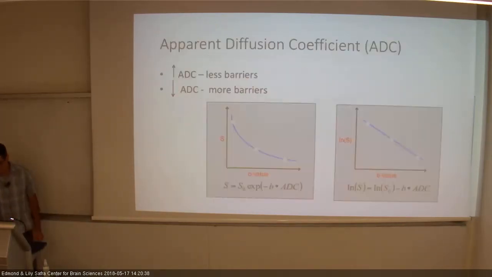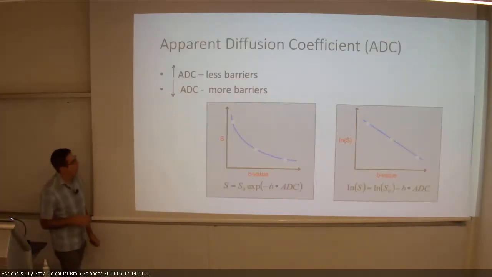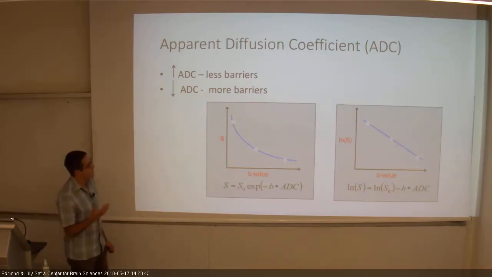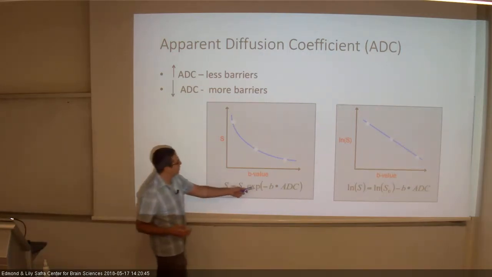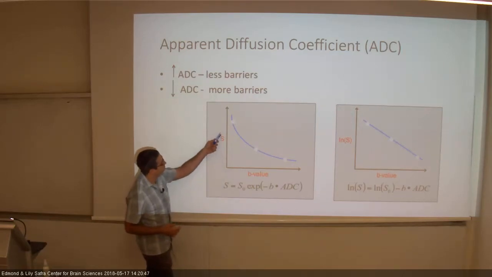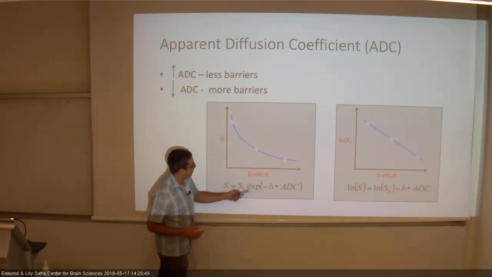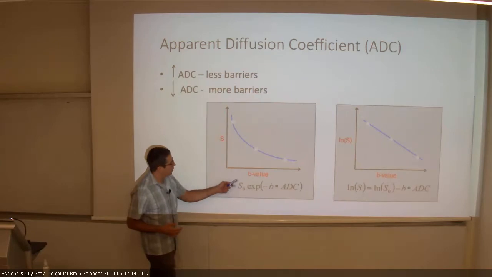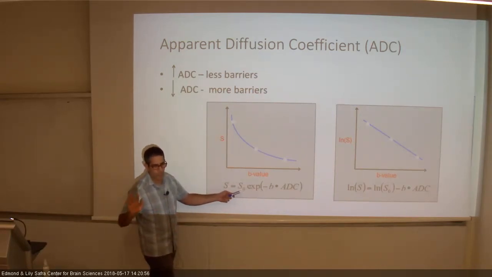And we said before that we have an exponential decay as a function of B. So the signal will decay as a function of B, and because this is the equation, S0 includes the T2 effect, because we don't care about it right now.